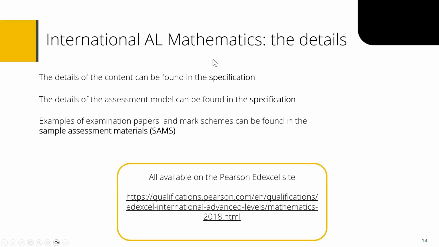Now, a bit more about the details here: the specifications and the SAMs. You can have a look at the sample assessment materials, the key papers, which we produce at the beginning of any new course, so that you have a full set of papers. Since June 2019 onwards, you also have the past papers, as well as further specimen papers.